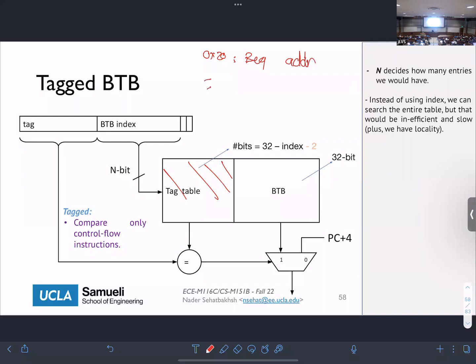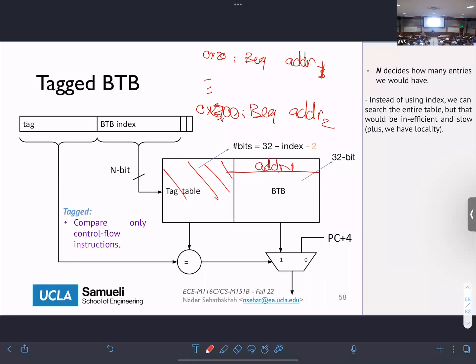And then maybe somewhere else, at 0x30 or 0x400, way down, we have another branch equal that jumps to another address, address 2. So in this BTB, what we are storing is address 1, and assume that both of these are taken branches.